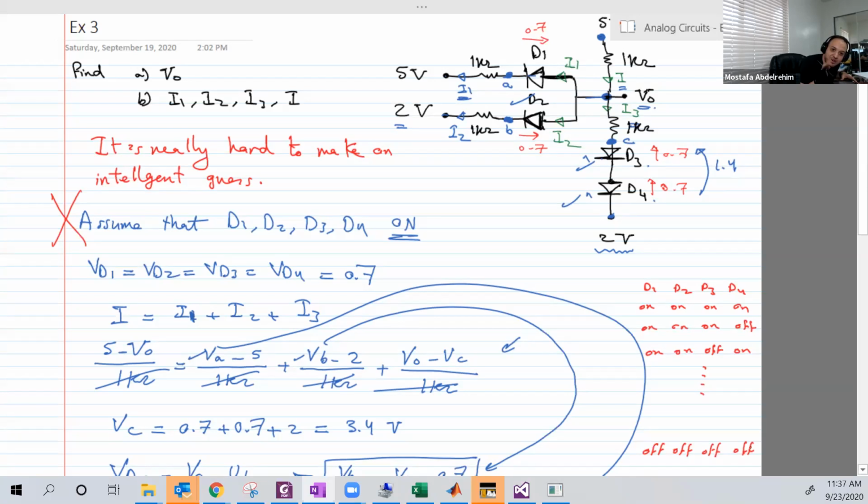Since you have 4, you have 2 to the power 4, which is equal to 16. So if you just go blindly and you are really unlucky, you have to solve the problem 16 times. So having some smartness about the problem is really a good thing.